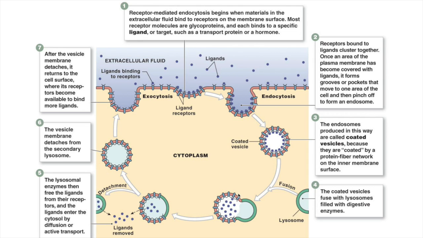And then it can be fused with a lysosome to release those. And then the cell can use these nutrients, and then it will take those receptors and put them back into the membrane and bring more of this substance into the cell. So that's receptor-mediated endocytosis, and your cells can do that if they need something, such as cholesterol.